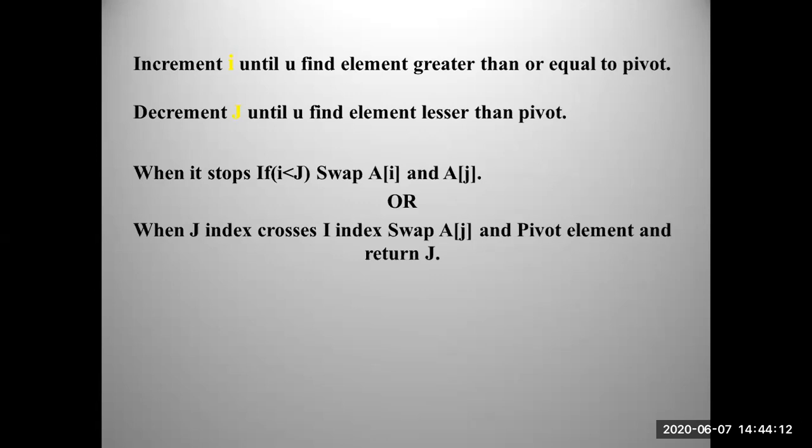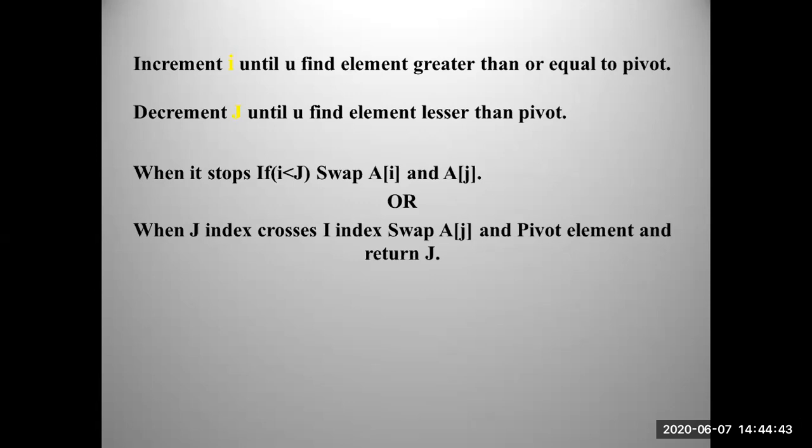You decrement your j value until you find an element that is lesser than your pivot element. Until you find a lesser element, you keep on decrementing j. That's it. So i moves towards the right and j moves towards the left. After i is incremented until you find an element larger than or equal to the pivot, j is decremented until you find an element lesser than the pivot.